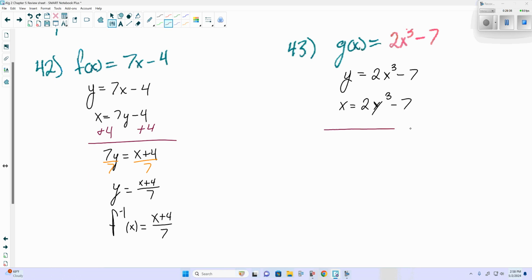And now we need to get y by itself. So the first thing we can do is add 7, which tells us that 2y cubed is equal to x plus 7. And we can divide both sides by 2, so y cubed is equal to x plus 7 over 2.